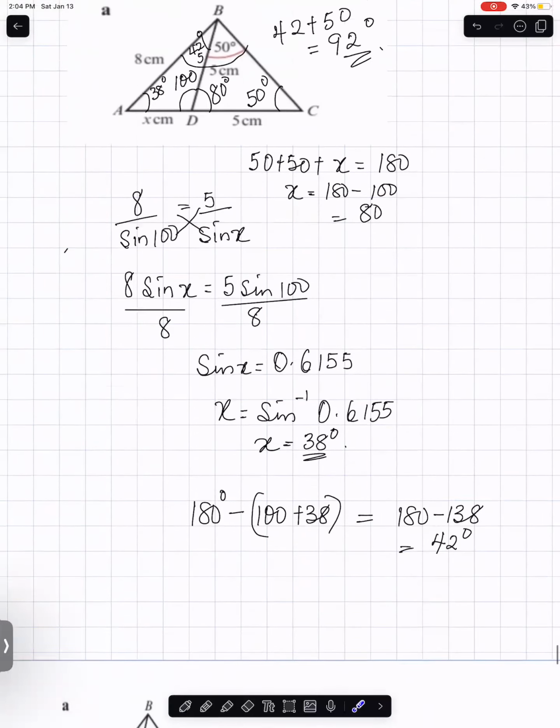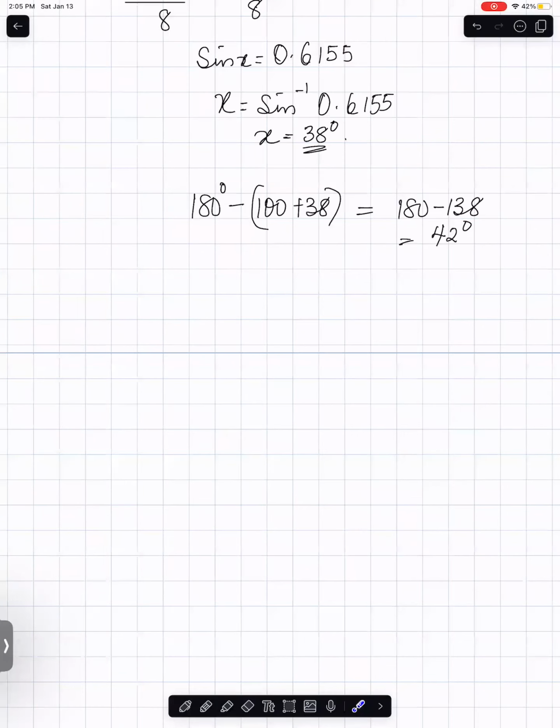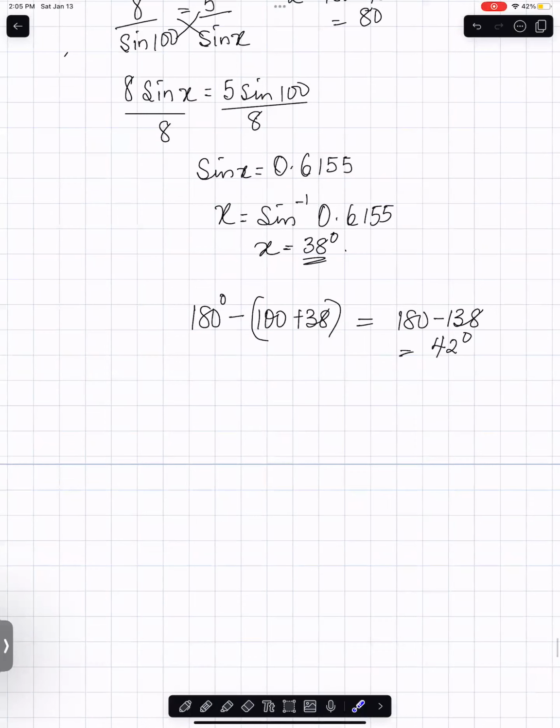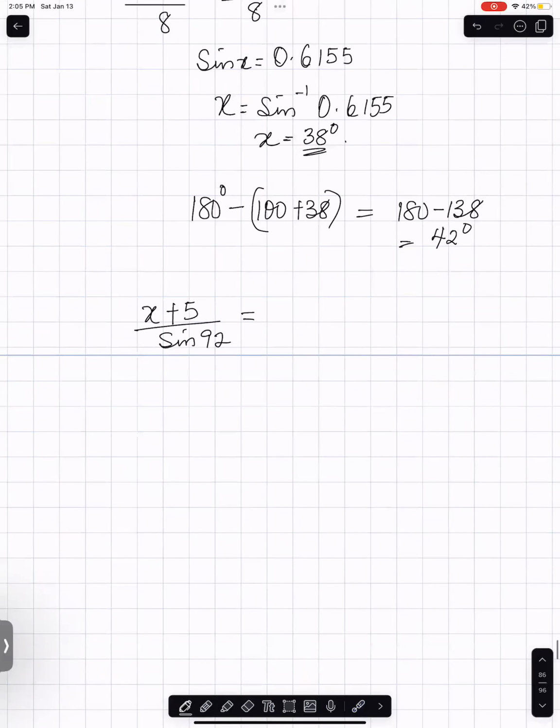So with that, I have x plus 5 divided by sine 92 will give us the opposite, that is 8 over sine 50.